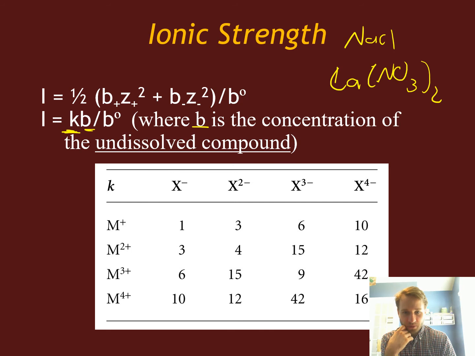So if I have sodium chloride, K is going to be 1, because for sodium chloride, this is 1, this is 1. B plus and B minus are equal, and they're equal to B, which is the concentration of sodium chloride. And so I get 2 times B times 1/2 gives me just B. So that's where that 1 comes from.